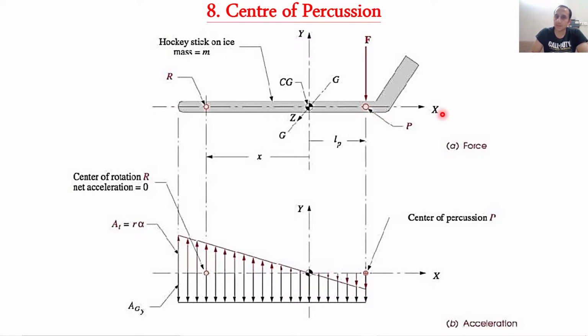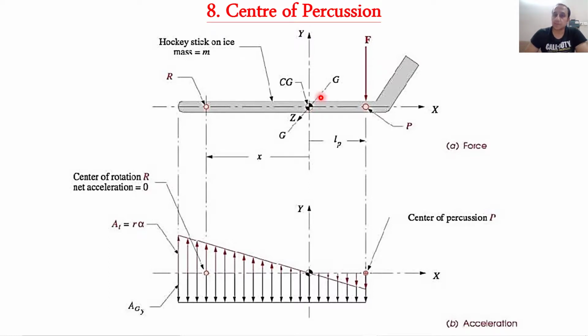We have a particular coordinate system with two axes, x and y. The x-axis is along the axis of the hockey stick, and the y-axis is perpendicular to it. And we have the coordinate system defined at the CG of the hockey stick.